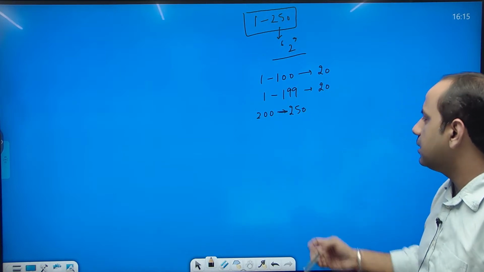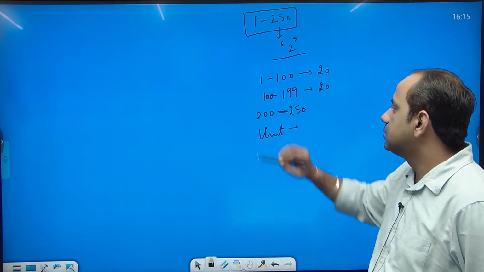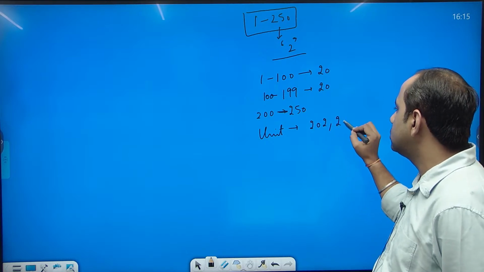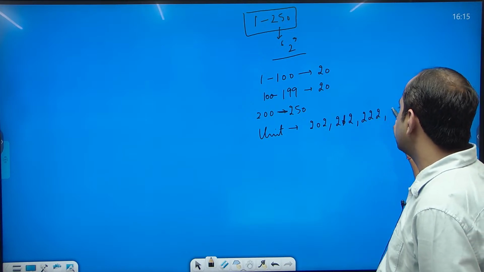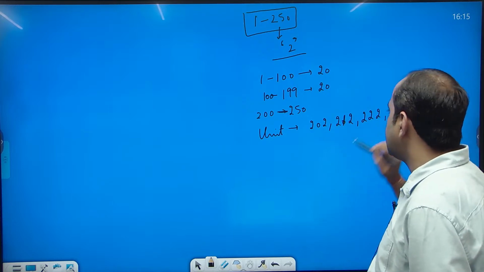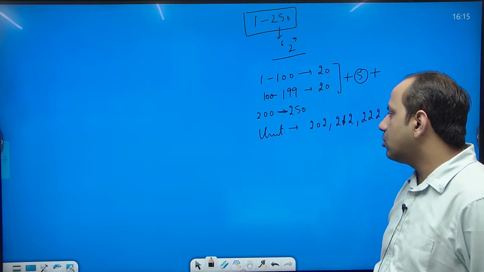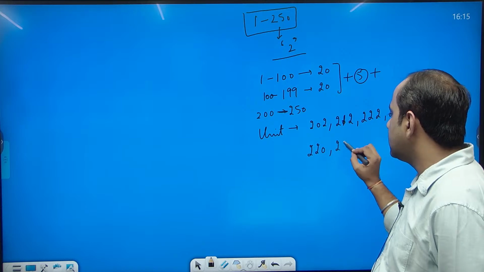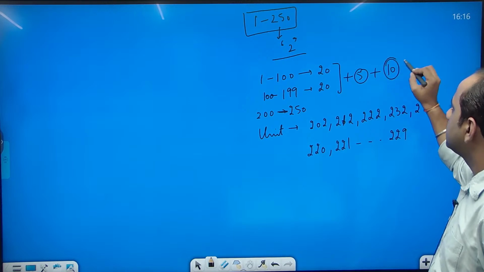Let's calculate for the unit place: 202, 212, 222, 232 and 242. So we are getting 5 times for unit place. Again for tens place it will be 220, 221 so on up to 229. 10 times for the tens place.